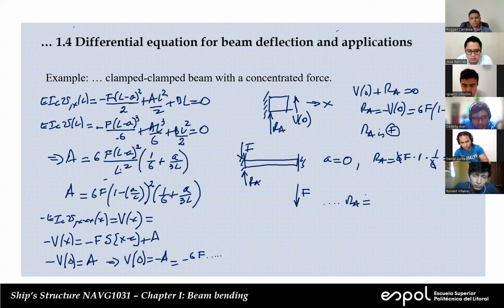In that case, what would the value of a be? L. So if you put it here, RA would be 6F times (1 minus 1), and that's 0. Make sense? Yes. So if you apply the force here, this support will take all this force, and the other end will take nothing.